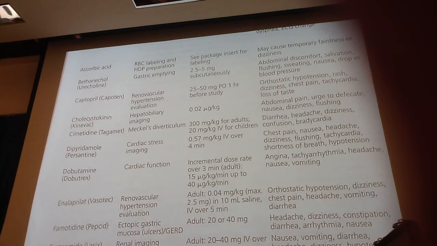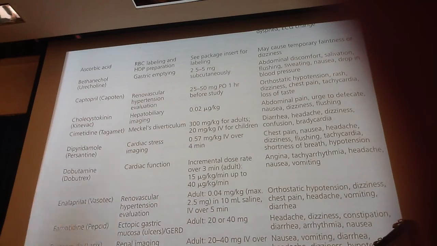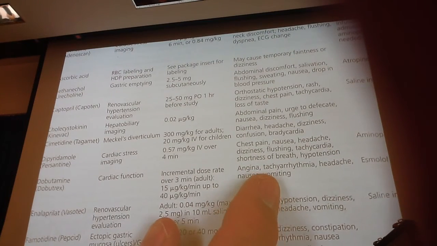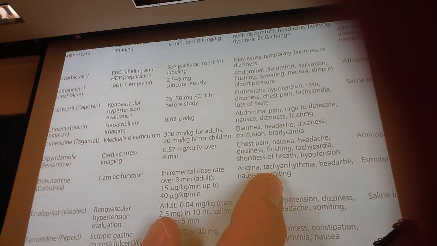How do you calculate it? It's 220 minus the age, and then you multiply that times 0.85. Keep that in mind, you will see that. You keep exercising the patient, or administering dobutamine, until you get to that level. The bad news is the patient can actually wind up having a heart attack because you are causing inotropic and chronotropic changes. You're causing the heart to react to a workload.